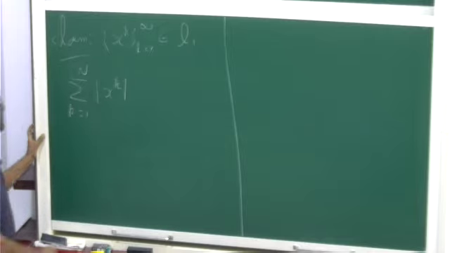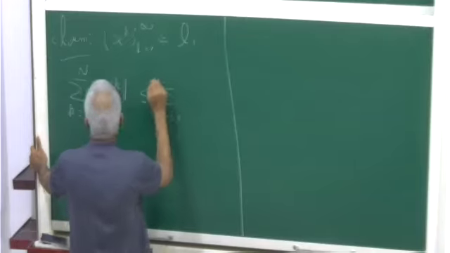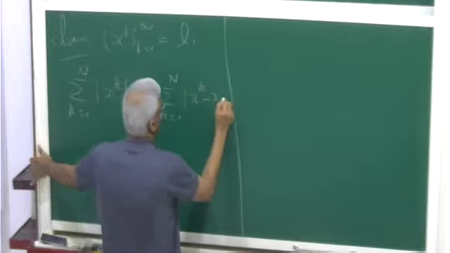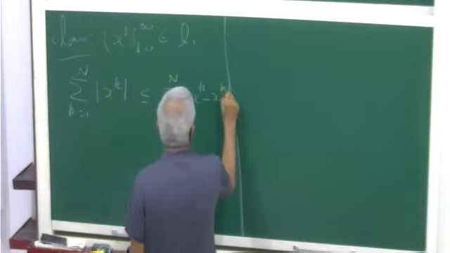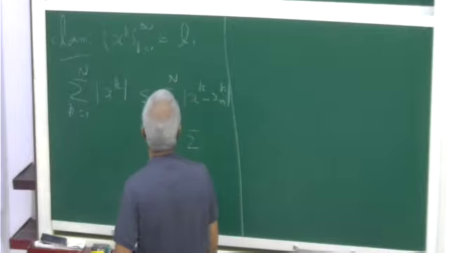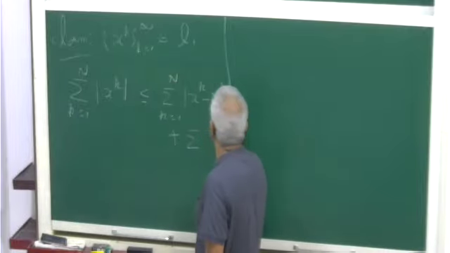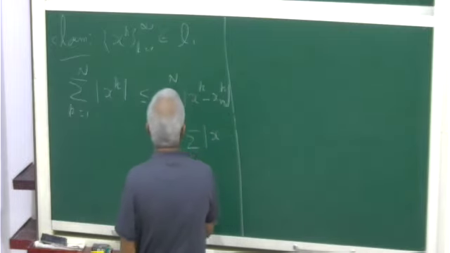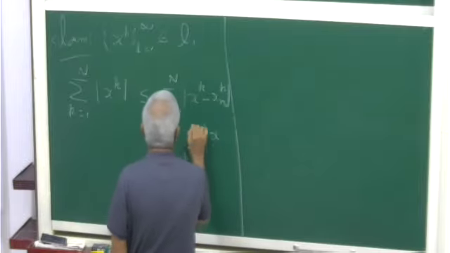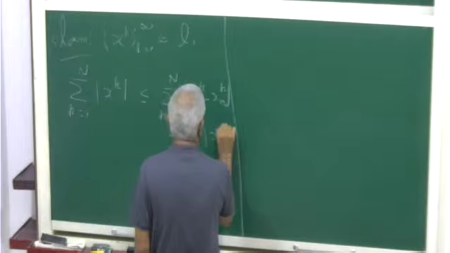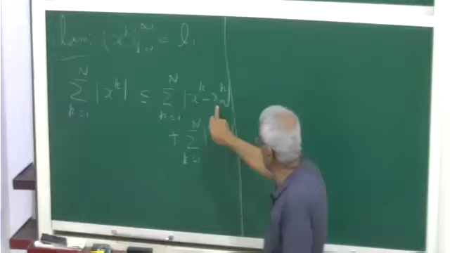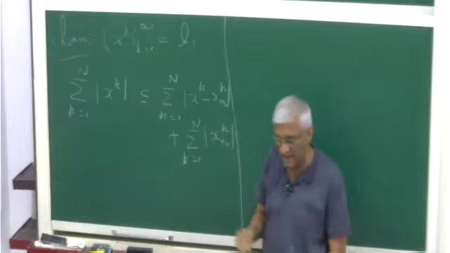This is less than or equal to the summation k equal to 1 to n of |xk minus x n naught k|, plus the summation k equal to 1 to n of |x n naught k|. This is the triangle inequality. I can insert any number here; I'm just inserting x n naught.